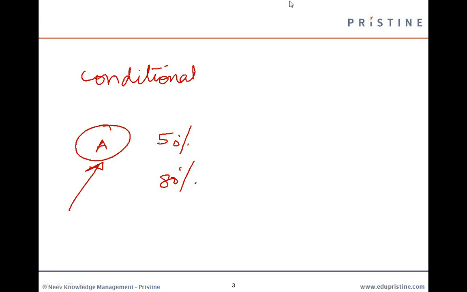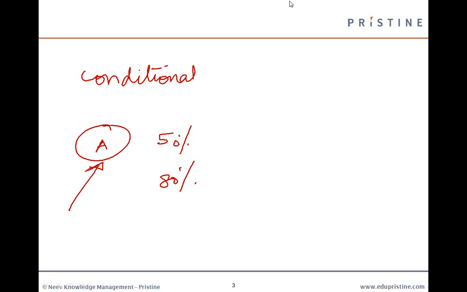It is represented by this bar, A bar B. What you understand by this is, what is the probability of A occurring given that B has already occurred? What is the probability that you pass the exam given that I've already leaked the question paper? What is the probability that India beats England given that rain has already occurred in Kochi?